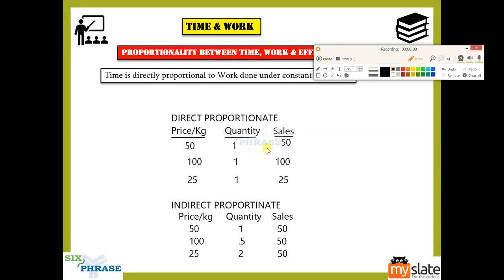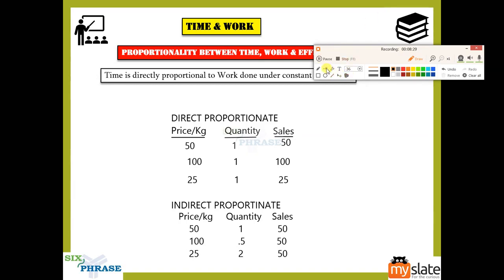So here what is happening is, see, there are three variables here. One is price per kg, the other one is quantity, the other one is sales. In these three variables, if you have to find the relationship between any two variables, let's say price per kg and sales, you're trying to find the relationship between price per kg and sales.